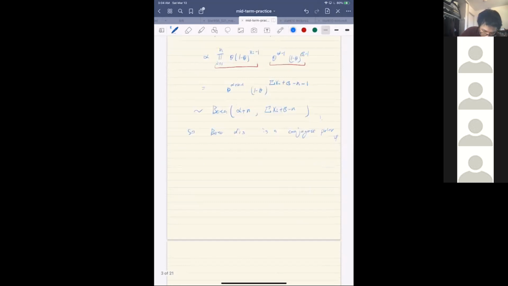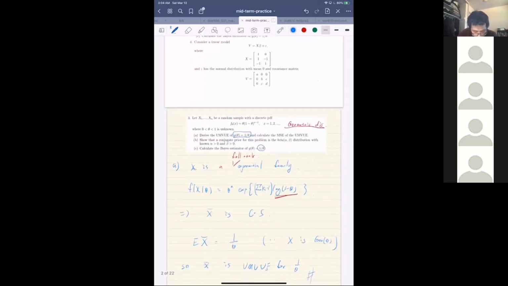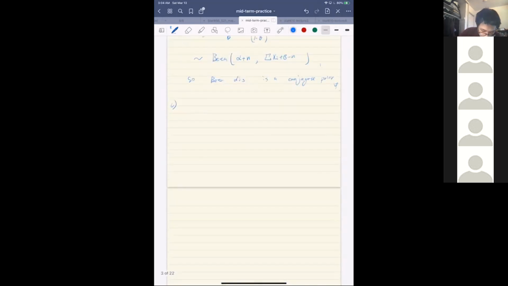Okay. So the next step, we want to find the best estimator for this one. So the best estimator is, so we want to find the average of this conditioned on our sample.